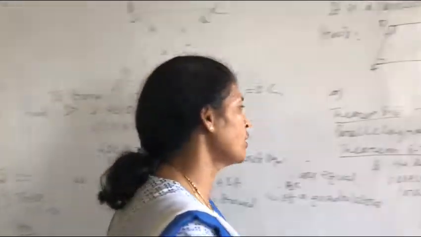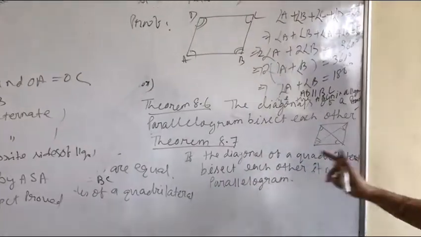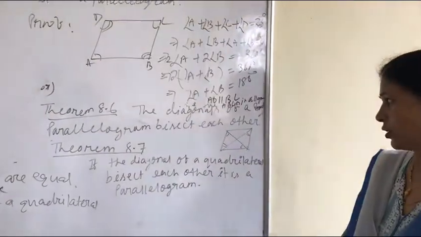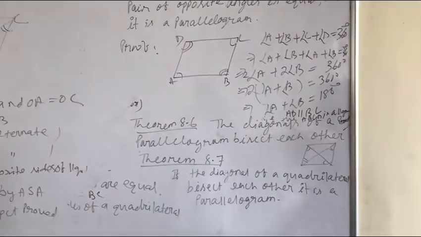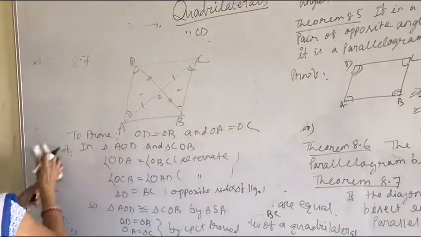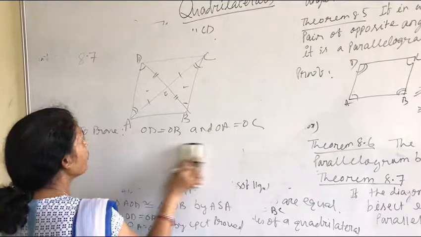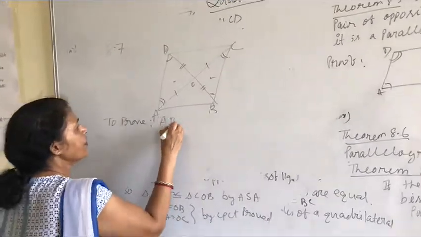Okay, then your theorem 8.7: if the diagonals of a quadrilateral bisect each other, it is a parallelogram. So just the converse of theorem 8.6, let's prove theorem 8.7. You have to prove ABCD is a parallelogram.